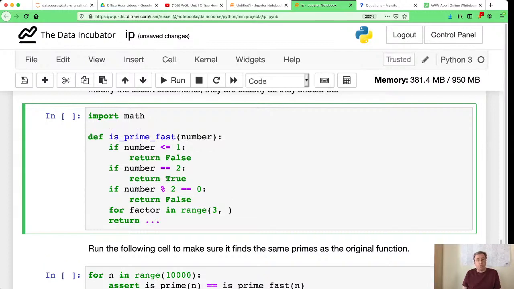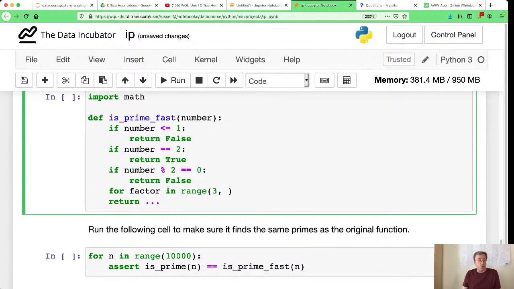Well, I could go up to number, but I could do it quicker, right? I only have to go up to the square root. Math dot square root of number plus 1, because I need to include the square root. And I could go by 2's.